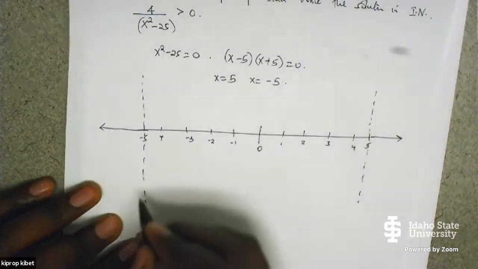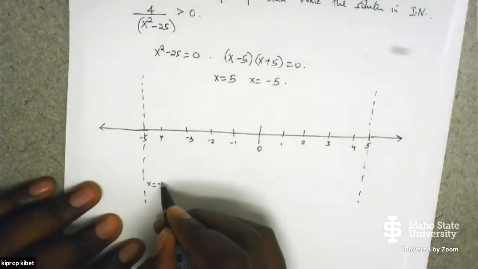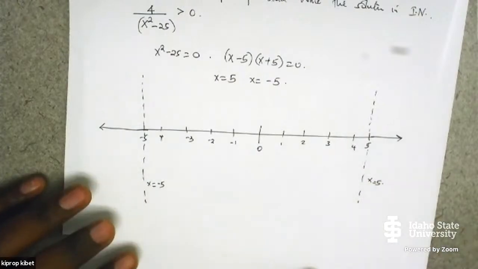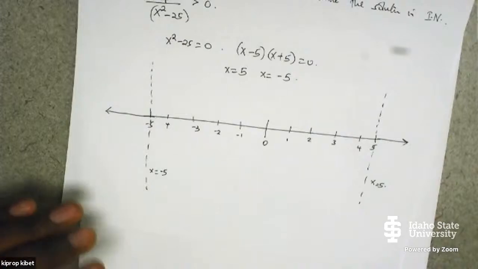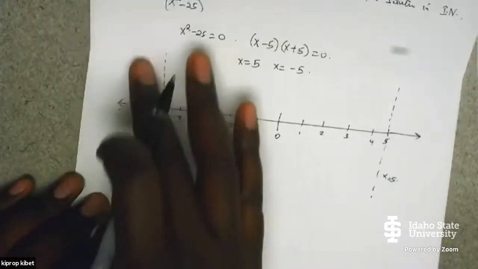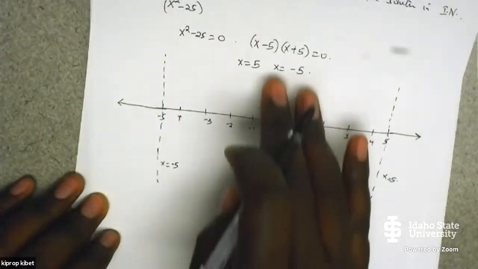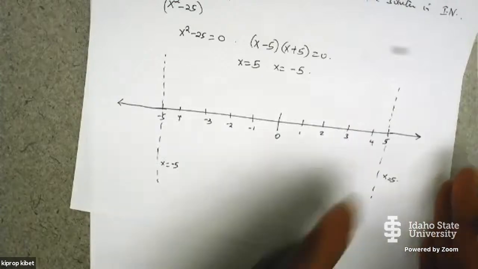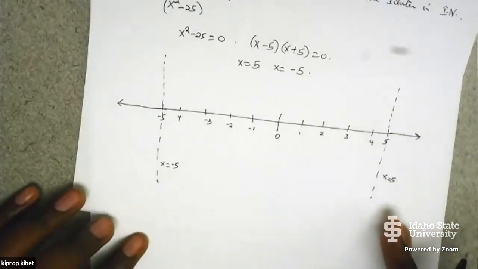So this is x equals to negative 5 and x equals to 5. We need to look at the values which can fall within each region: left of negative 5, between negative 5 and 5, and right of 5.